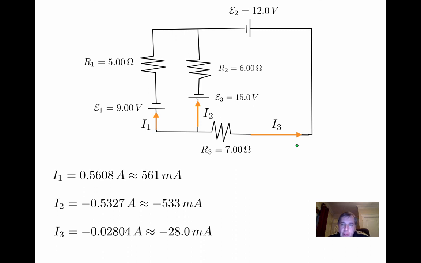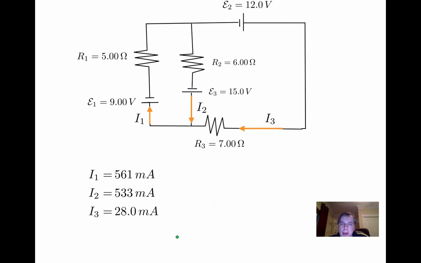So as the very last step, I redraw the circuit with the correct directions. I'm going to flip I2 and I3 because they're both negative. So this is the final solution. This is the circuit drawn with the currents in the correct directions, and now I gave their values. They're all positive now because I drew them with the correct directions. And that's it. We've solved the entire circuit.